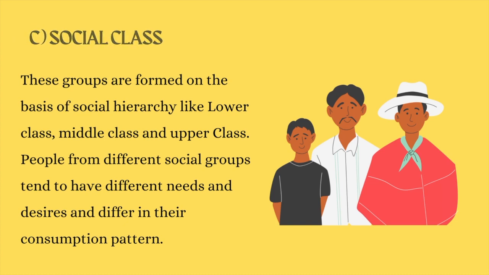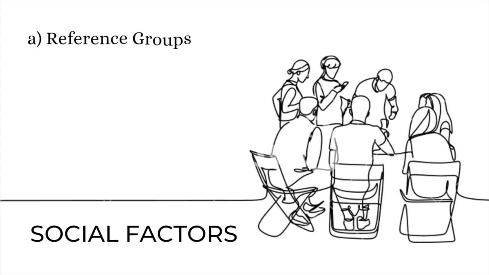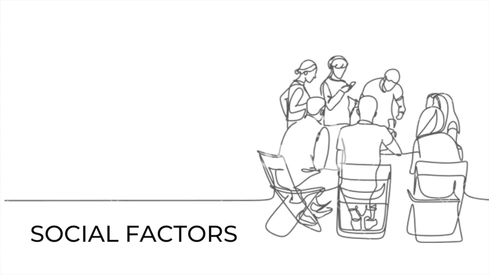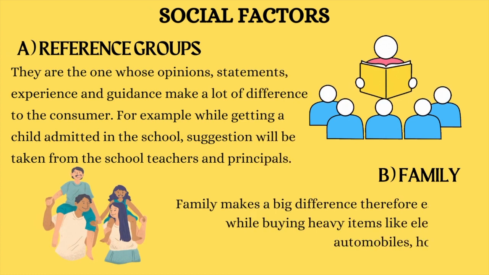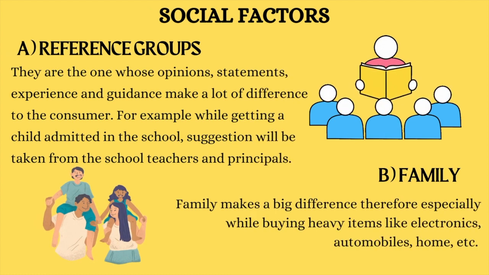The next category to be studied under consumer behavior is the social factors, which affect the buying behavior of the consumer a lot. First, reference groups. We buy certain things by taking references from people who matter to us. For example, if I wanted to get a car, maybe I'll take references or opinions from somebody who has already purchased that car.